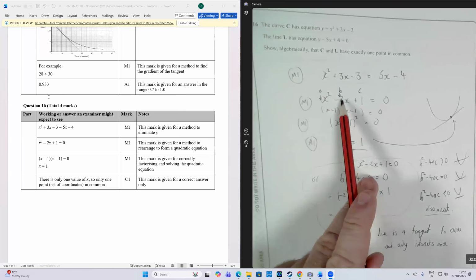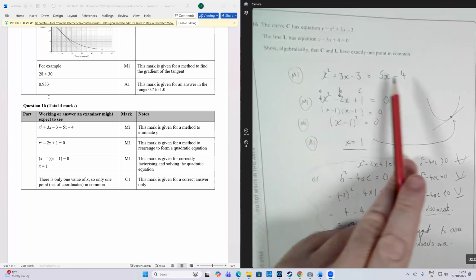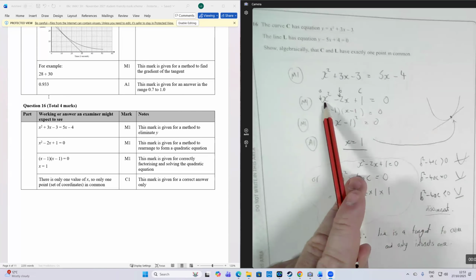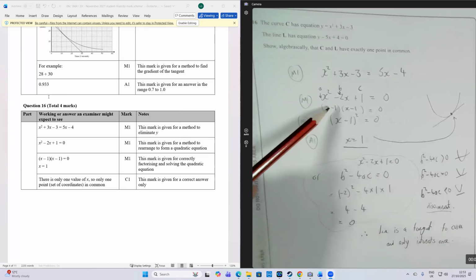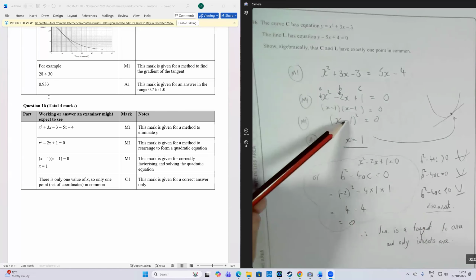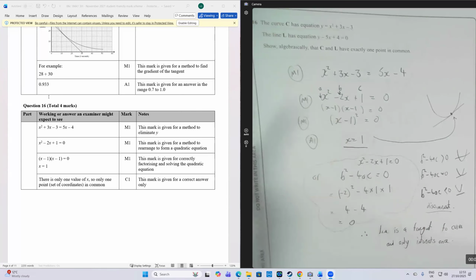That gives you minus 2x, because 3 take away 5 is minus 2. And then you have minus 3, but you're going to add 4 over, so that gives you plus 1. So we end up with the equation x squared minus 2x plus 1. Now that factorizes into x minus 1 times x minus 1, which is a bit of a sneaky thing to spot. So that's x minus 1 all squared. So that means there is only one solution, and that comes from x is equal to 1.